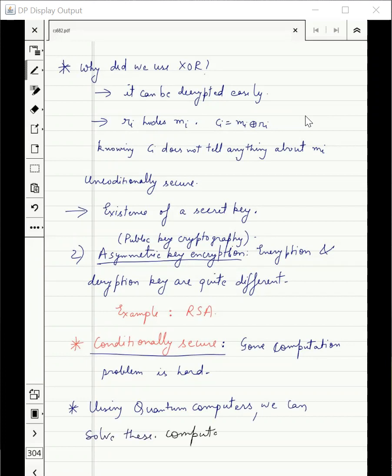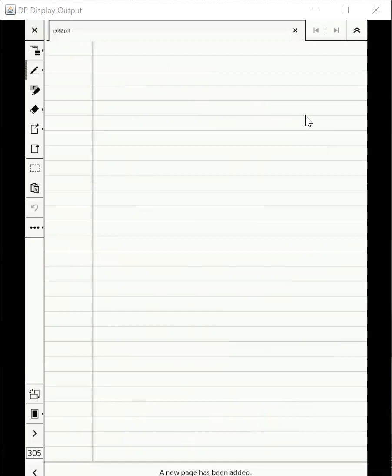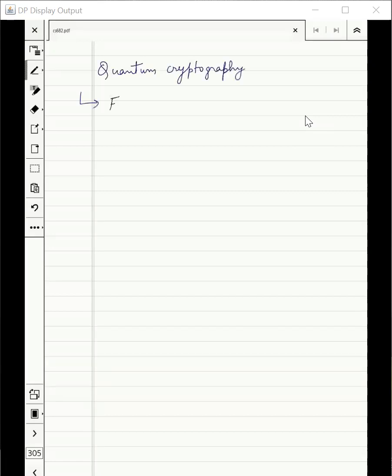Obviously, we know Shor's algorithm, which tells us that we can solve some computational problems on which these encryption and decryption techniques rely. What is the way out? Quantum cryptography is a big subject. One direction is to find different computational problems.